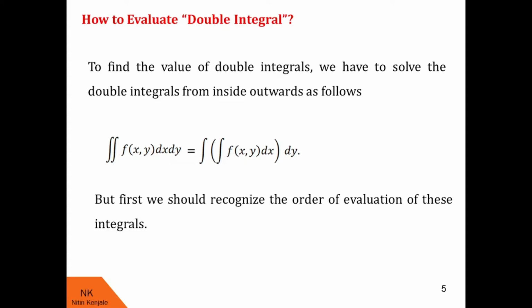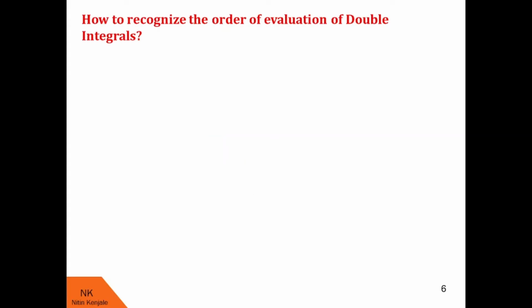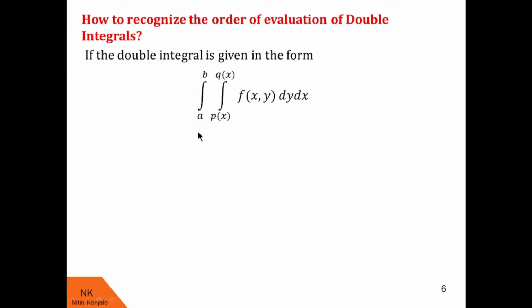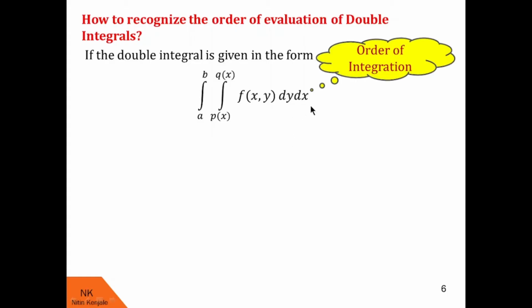So now we see how to recognize the order of evaluation of these integrals. If the double integral is given in the form integral from a to b of integral from p of x to q of x of f of x comma y dy dx, then this dy dx is the order of integration.